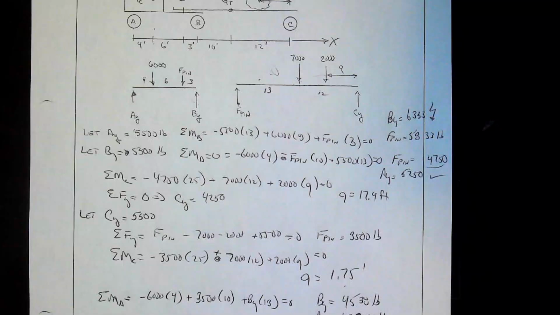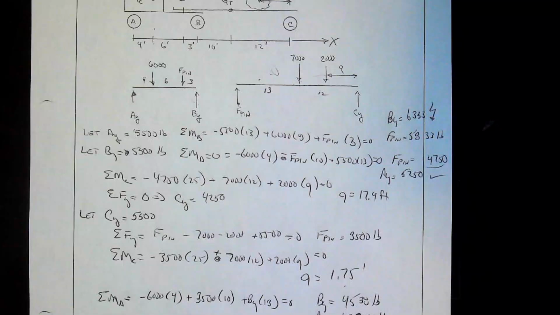Set it equal to 0. Come up with F pin is 4,750. And if you sum forces in the Y, you wind up with AY is 5,250. So that's good. We don't have any problems here.